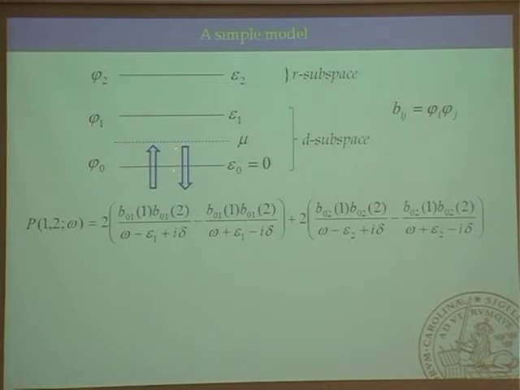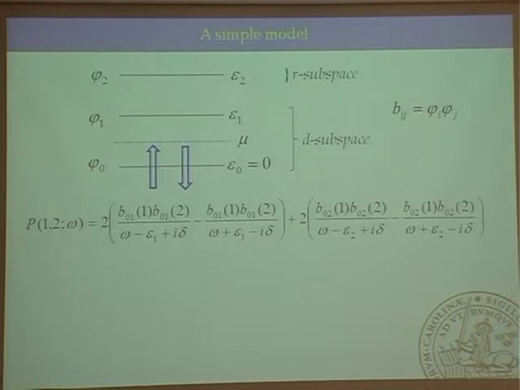So just write down the full polarization. Well, in this case, we only have two possible excitations. One from 0 to 1, and another one from 0 to 2.